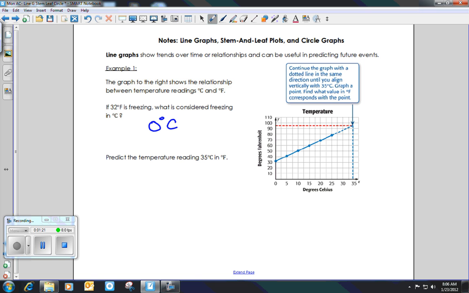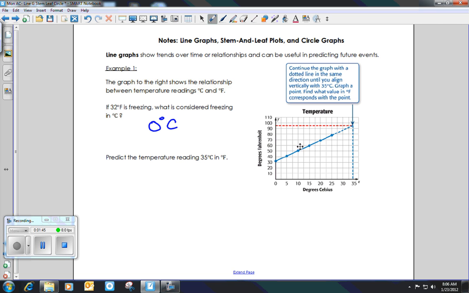All right, now the next question: predict the temperature reading from 35 degrees Celsius in Fahrenheit. So we're going to look at degrees Celsius on the bottom. We'll come over here to 35. We'll follow that straight up to wherever it would cross the Fahrenheit line. Now you can see that they only plotted out Celsius up to 25 degrees Celsius.